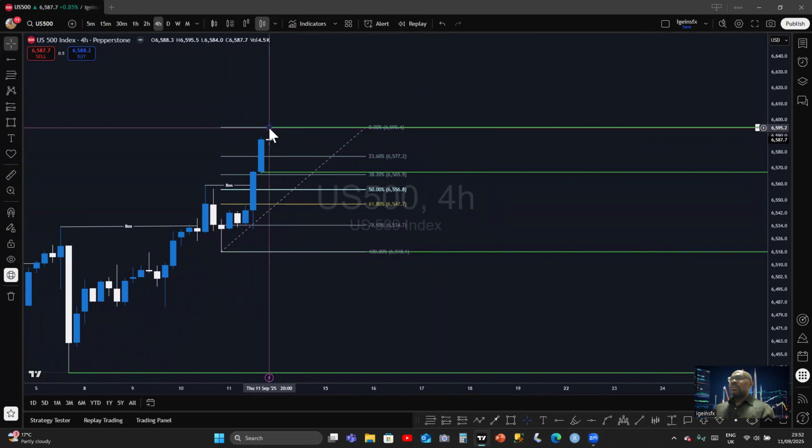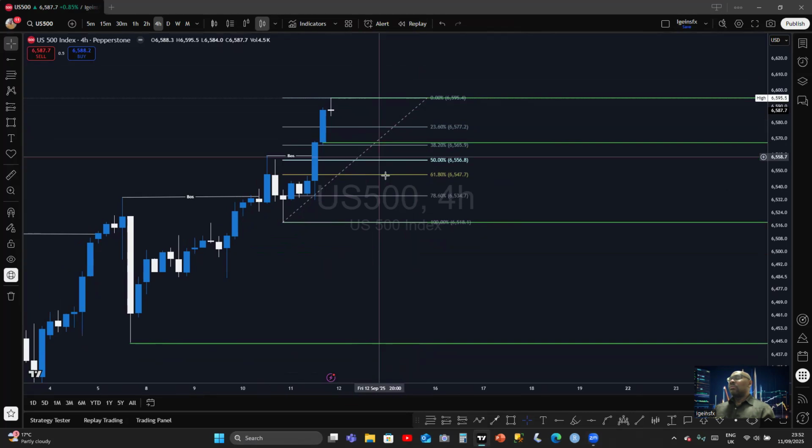Or price will just pull back a little, push to the upside, then not take out this high. Once that happens, you know that price has given us a lower high. That means we are preparing to start going bullish.